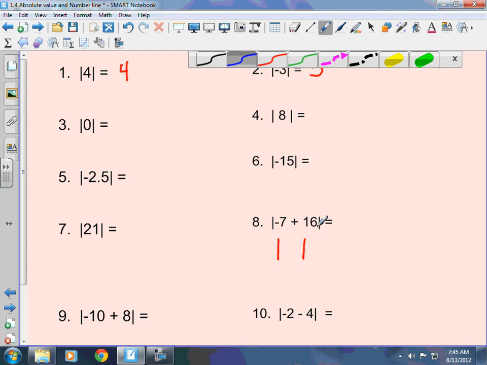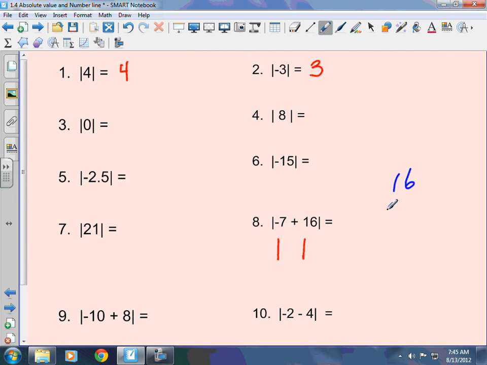Well, 7's negative, 16 is positive, so that means different signs. So I subtract 16 minus 7. Borrow, this is 9. 16 is positive, so my answer is a +9. Now I keep it inside the absolute value bar. Now what's the absolute value of 9? 9. Okay?